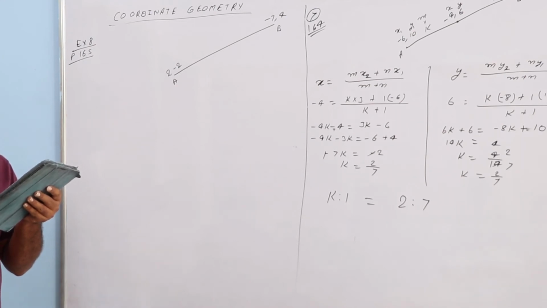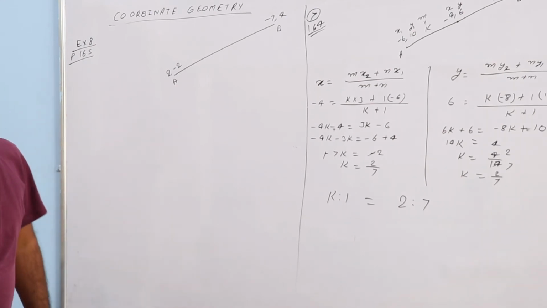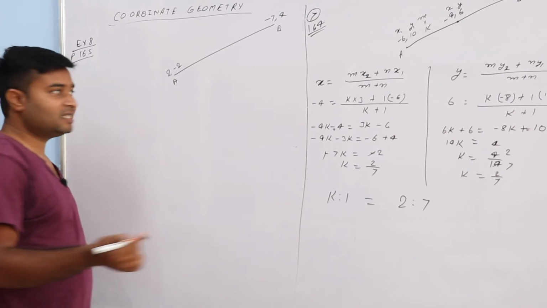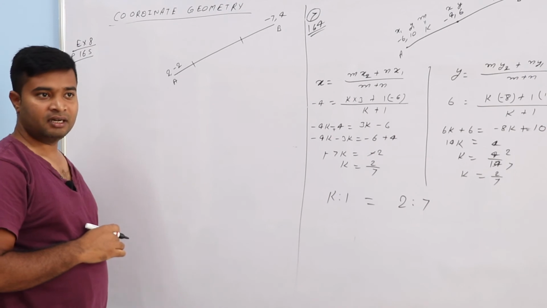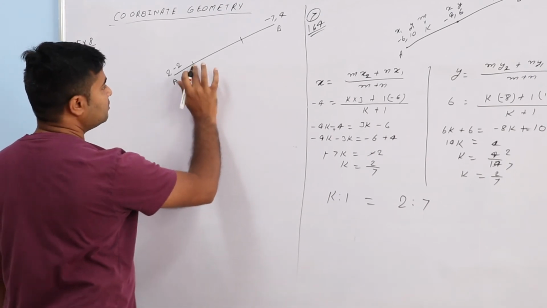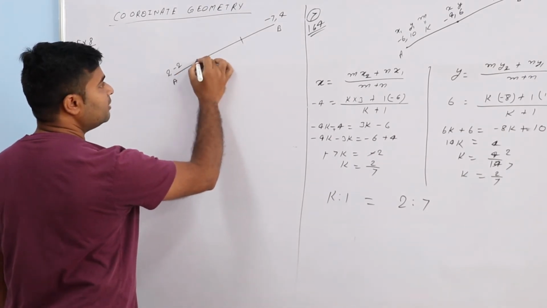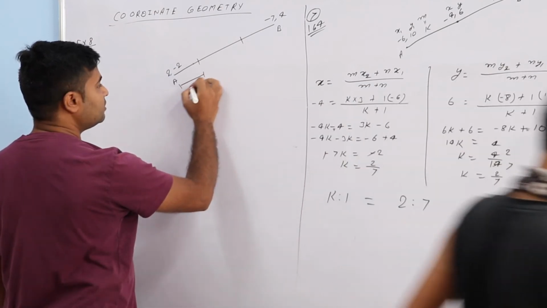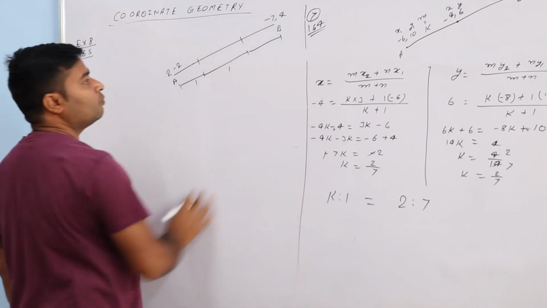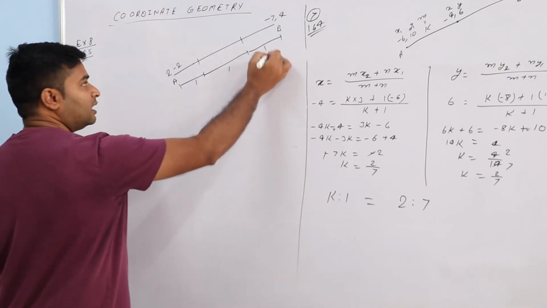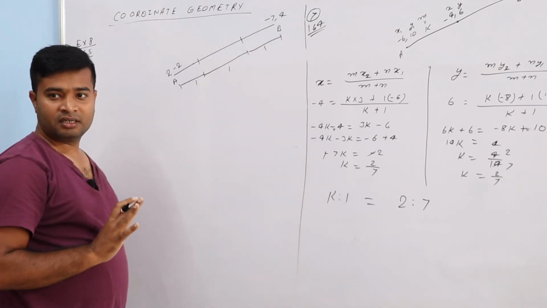How can you find it? Trisection means 3 equal parts. So this is 1, this is also 1 and this is also 1. Correct? Trisection means we divide into 3 equal parts.